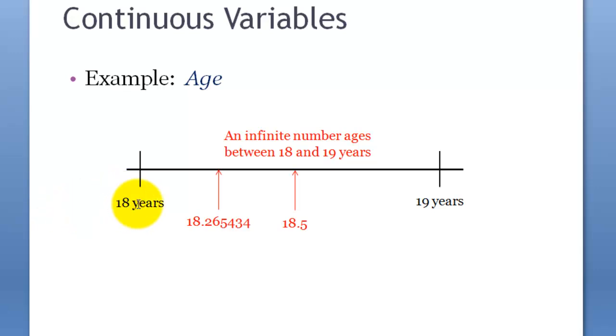Okay, 18 years old and 19 years old, but in between you can have 18.265434 years old, 18 and a half years old, 18 and 3/4 years old, and countless points here. Those are continuous variables.